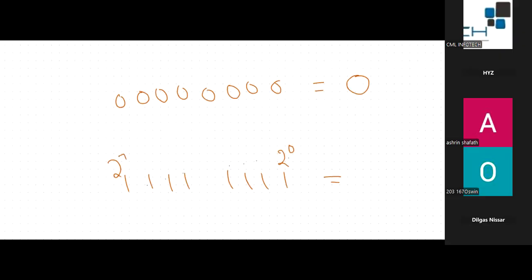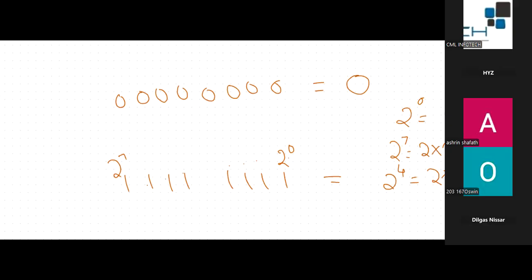When you have 2 raised to 0, we can call it 0. For 2 raised to 4, I have to calculate 2, 2, 2, 2.